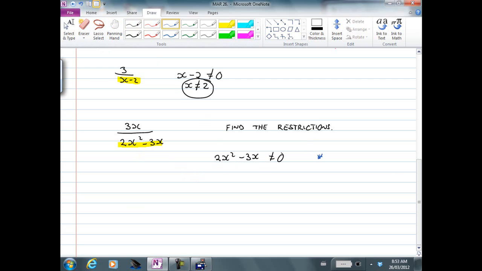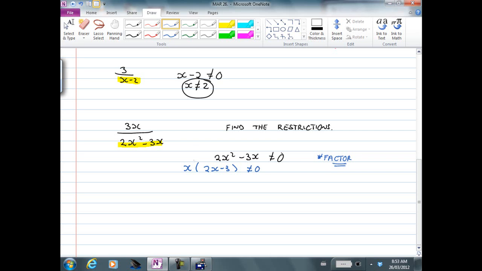Key, write a little star. Factor. I hope you remember how to factor. Remember, when in doubt, F it out. I can factor out an x, so x times 2x minus 3 cannot equal 0. I'm going to teach you where people are making mistakes.